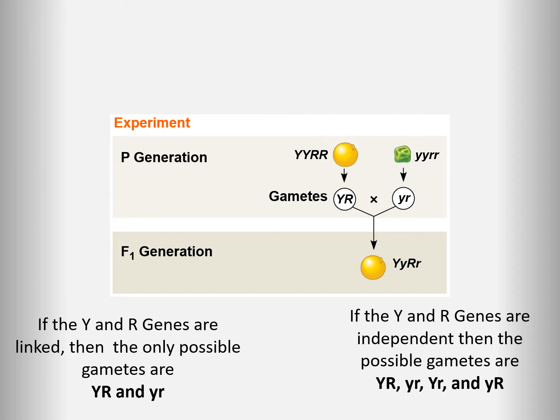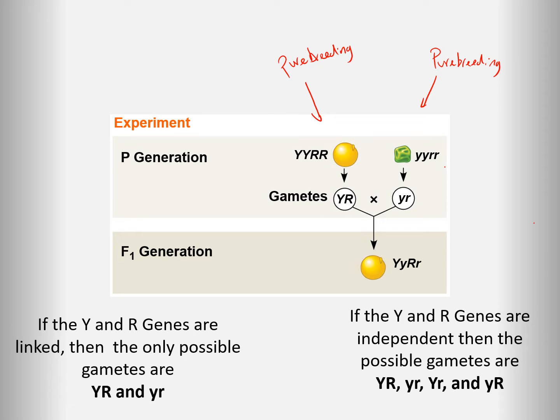So if we think about how this could potentially work, here we have a pure breeding population of pea plants that always produce seeds that are yellow and smooth, and we have another population of pure breeding peas that always produce seeds that are green and wrinkly.